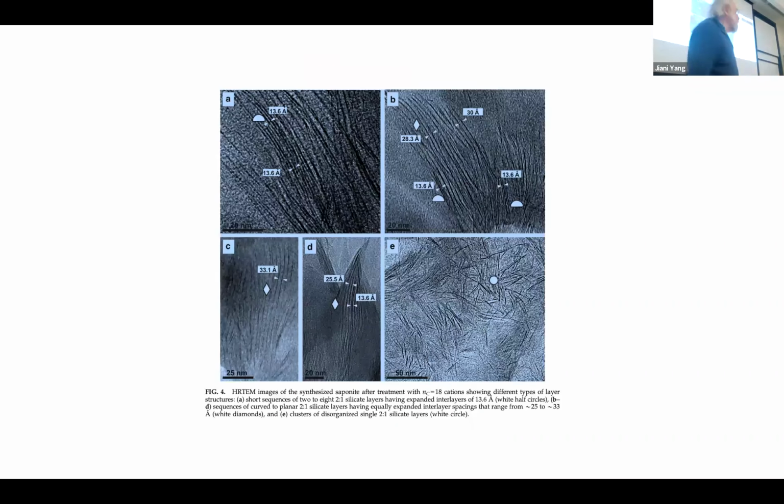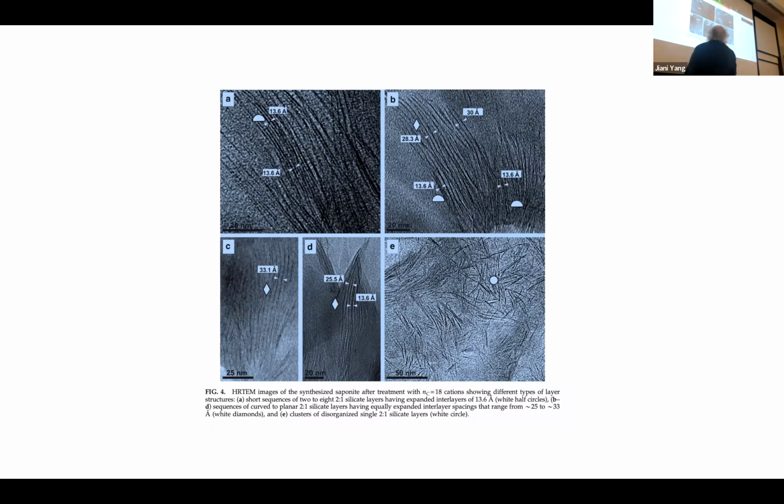And here is what the clays look like on the system that had evolved. Depending upon the charge, you have a distance between the clays. This is high resolution electron microscopy. If you have larger spacings like this, it says that you have high charge.